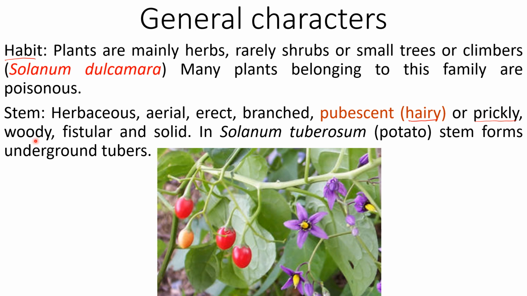Sometimes stem is woody, but it is fistular, means hollow from inside. But in some cases, it is solid also. In Solanum tuberosum, that is potato, stem forms underground tubers. So that you might have seen in potato.